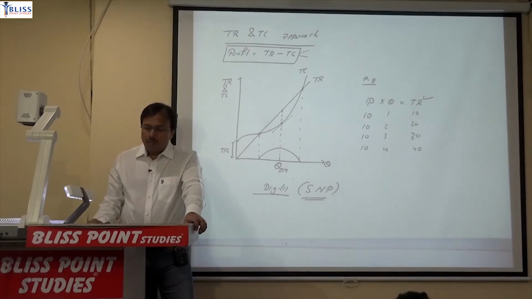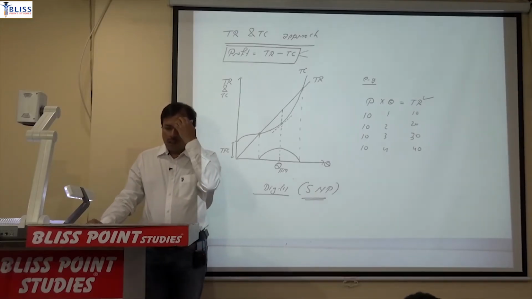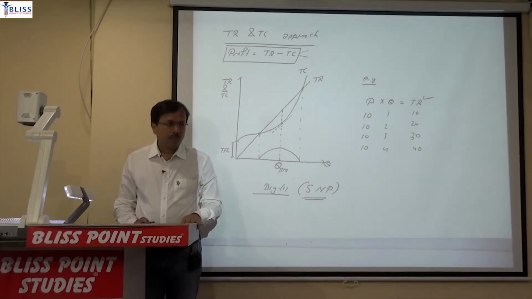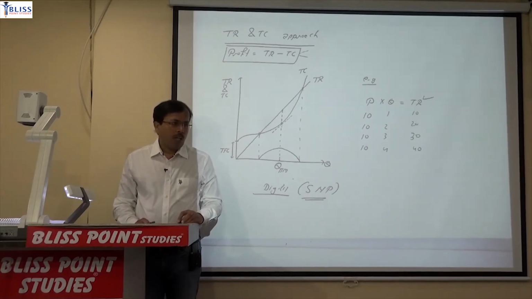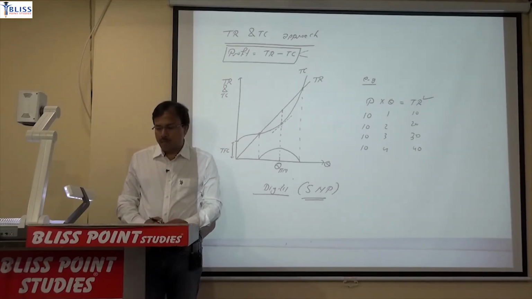Full stop. The slope of TR is MR. The slope of total revenue is marginal revenue, and it is constant and equal to the existing market price.